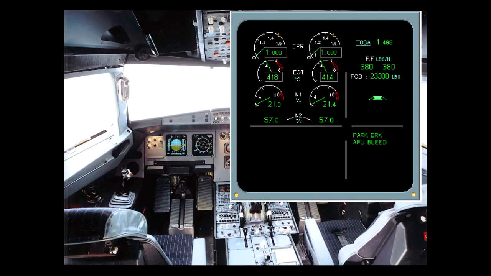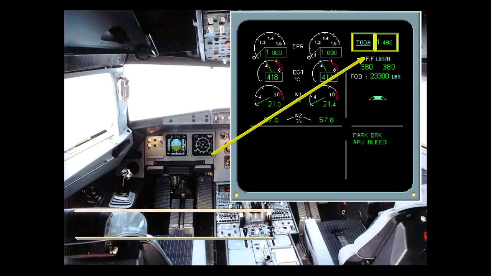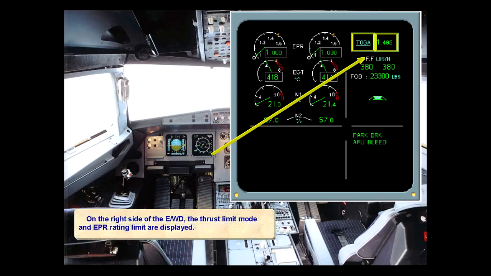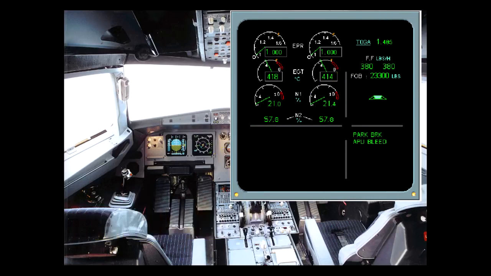On the right side of the engine warning display, the thrust limit mode and EPR rating limit are displayed. Also, the fuel flow for each engine is displayed.